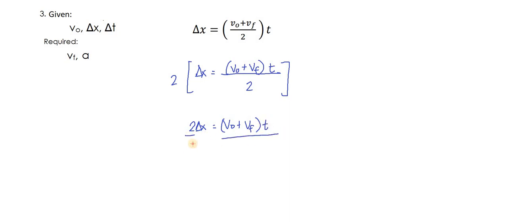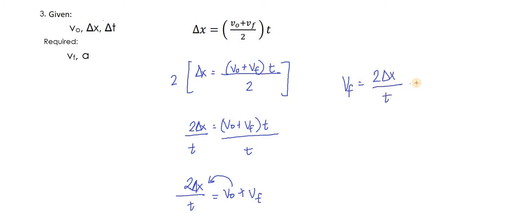Then divide both sides by t. Dividing both sides by t, we will have 2 delta x over t equal to initial velocity plus the final velocity. And you're asked to find the final velocity, so your final velocity is now equal to 2 delta x all over t minus the initial velocity. So that's it.